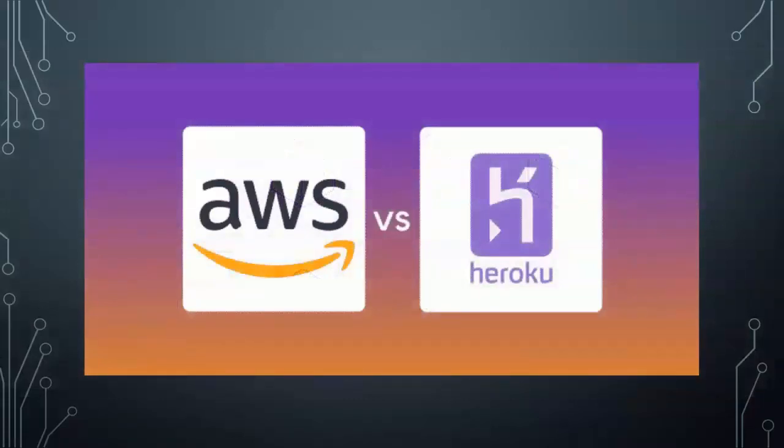But why Heroku? If we compare Heroku to AWS, Amazon Web Services, we realize that Heroku uses AWS to operate. The platform and applications of Heroku are deployed on its cloud. So why choose Heroku over AWS?